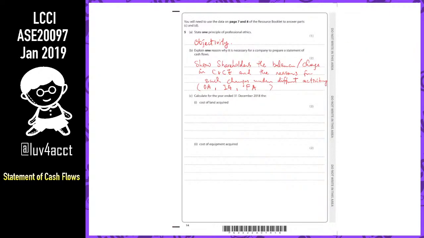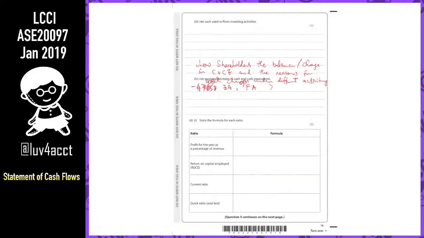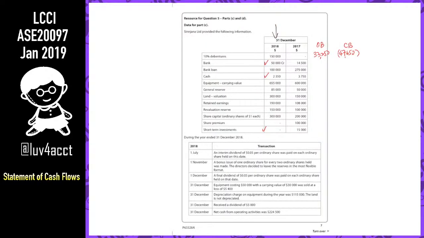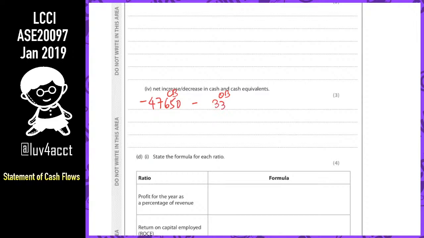So the change, the net increase or decrease, we have negative 47,650, this is the closing balance, minus opening balance, 33,250.